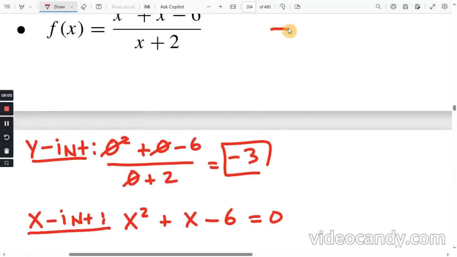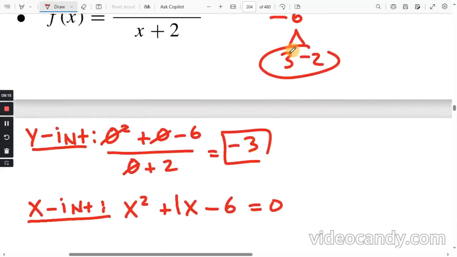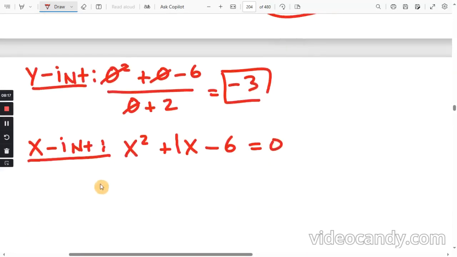Let's write out the factors of negative 6 and see if we can find one that adds to positive 1. All right, if we do 3 times negative 2, that would work. So factoring with a 3 and a negative 2, this becomes x plus 3 and x minus 2 equals 0.